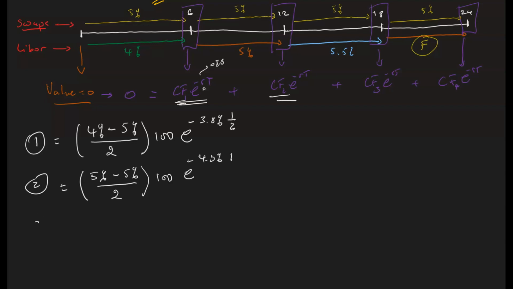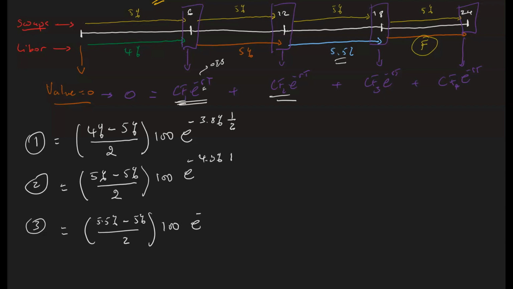The third cash flow that we have is essentially going to be equal to, we are receiving LIBOR at 5.5% minus the fixed rate of 5% divided by 2, notional amount 100, and then present value.